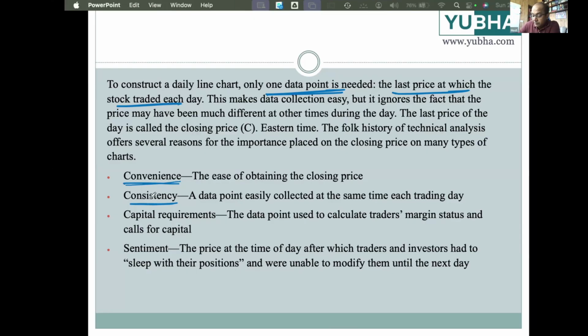Coming back, convenience, consistency, and capital requirement. A lot of the capital requirement, even NAVs for mutual funds, is based on the last traded price for that particular security. There's also something called MTM, mark to market. If you're doing a futures transaction, every day there will be a mark to market.